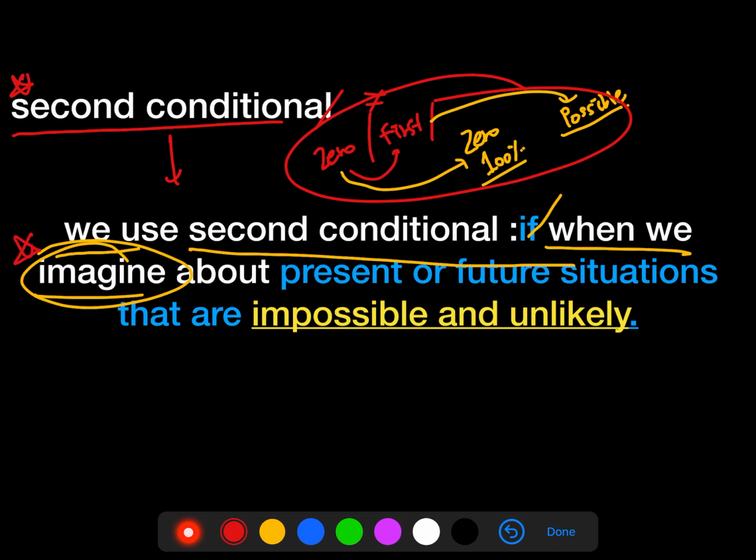We just imagine present or future situations that are impossible. This is the most important as well. Impossible and unlikely. Impossible means the completely opposite from the possible futures. It's just impossible. It won't happen. Okay?